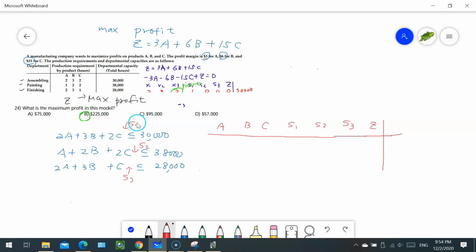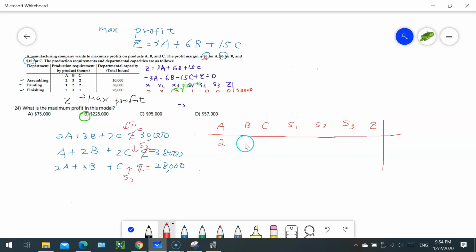Once we have the slack variable squeezed in, your inequality sign will change to the equal sign. Same for all of them. Now we just transfer the coefficient number into the tableau here.